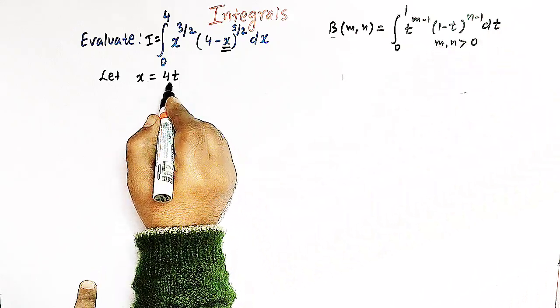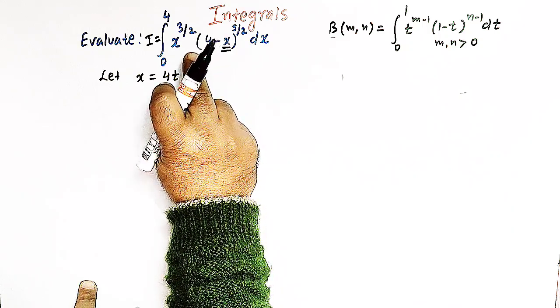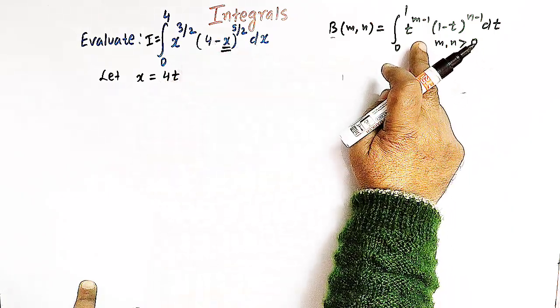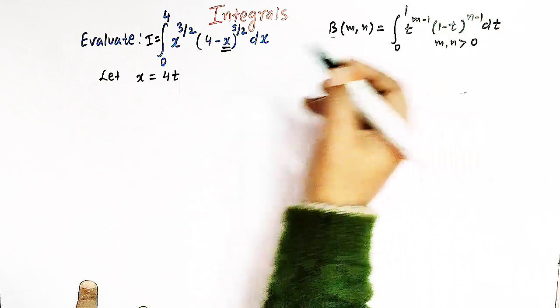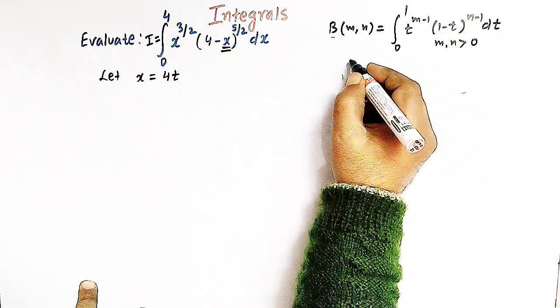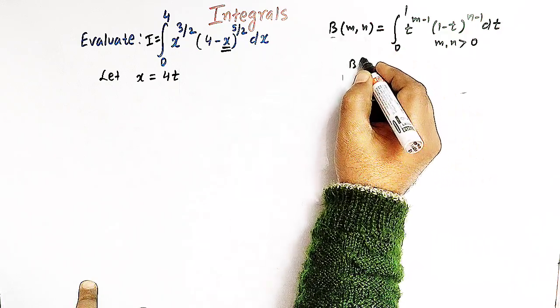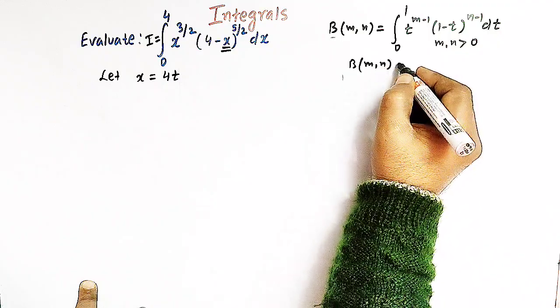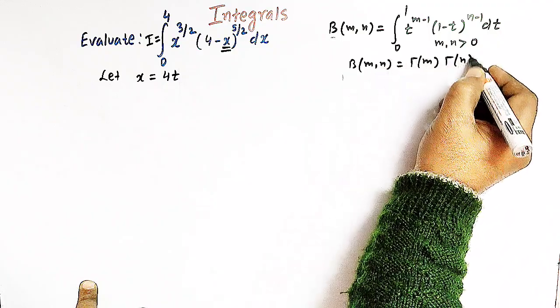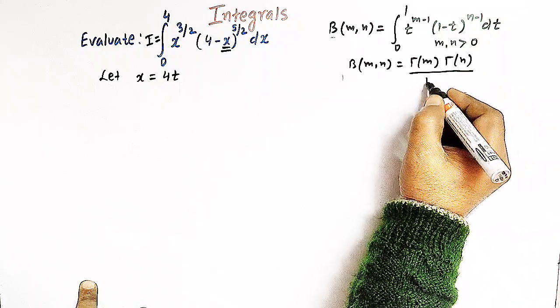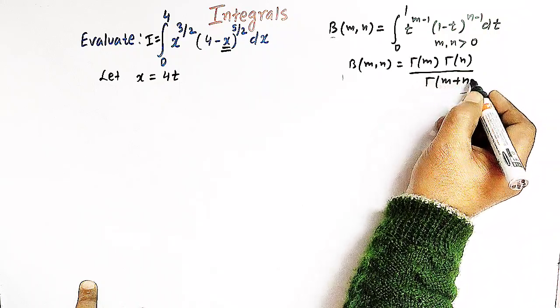Making this substitution, we will first convert this integral into this form, and then we'll apply the relationship between beta and gamma functions, that is beta m comma n is given by gamma m gamma n divided by gamma m plus n.